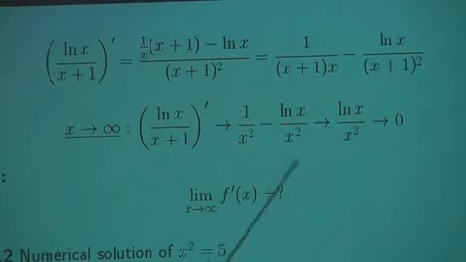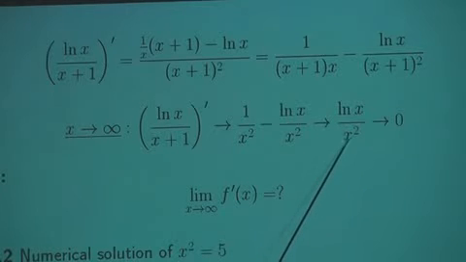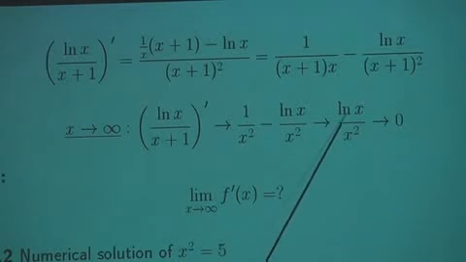So this one remains, that's what we have here. And now we know that x squared grows much faster than the logarithm of x, and that's why the limit is 0. This was a symbolic computation. And because we did the symbolic computation, we get an exact result. So we know that the limit is 0.